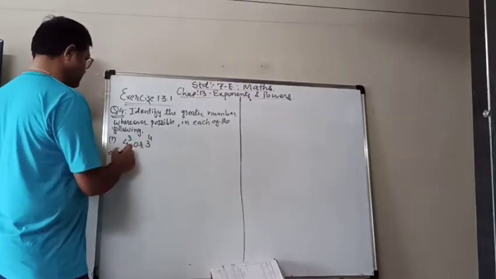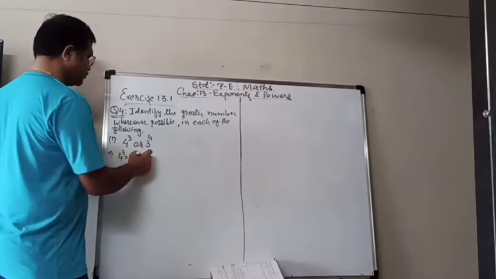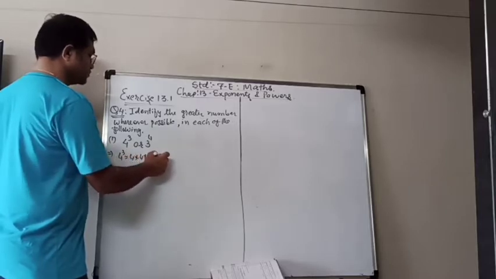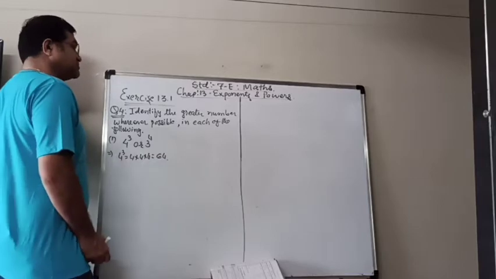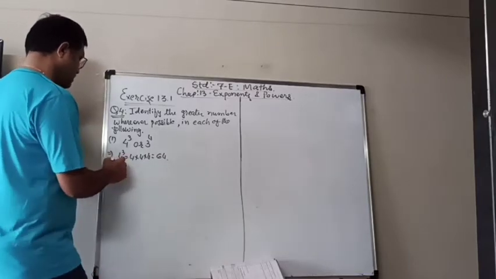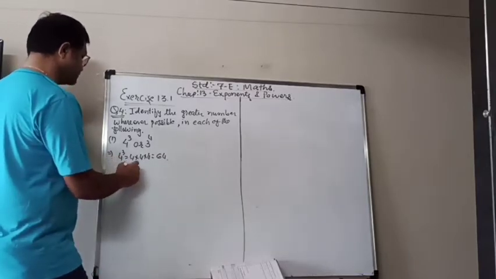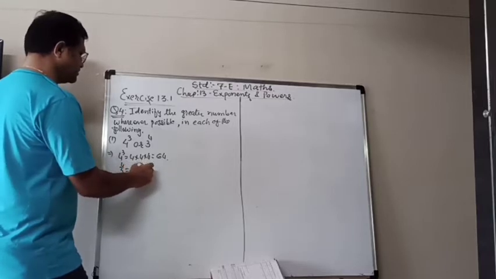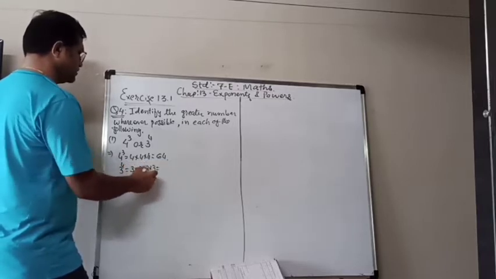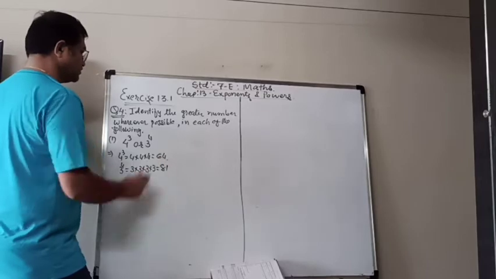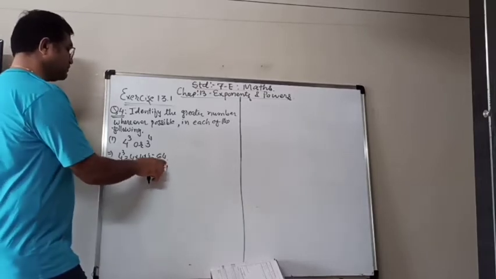Now 4 raised to 3 means 4 into 4 into 4, and the answer is 64. 3 raised to 4: 3 3s are 9, 3 9s are 27, 3 27s are 81. So which is bigger? 81.